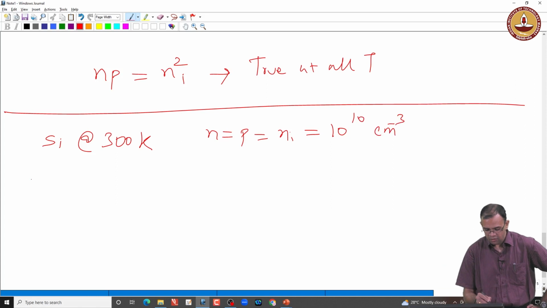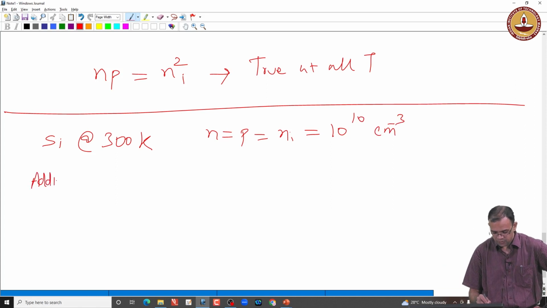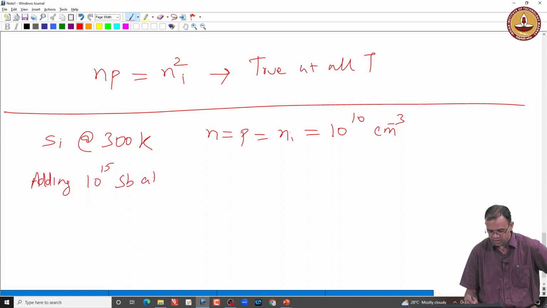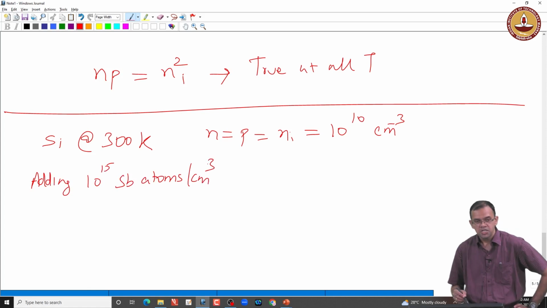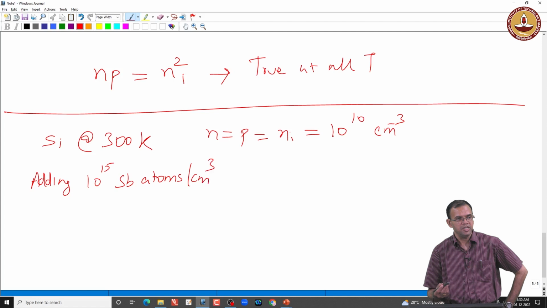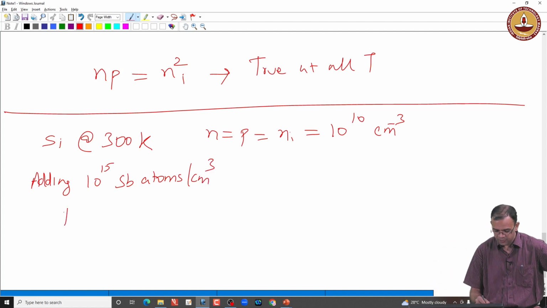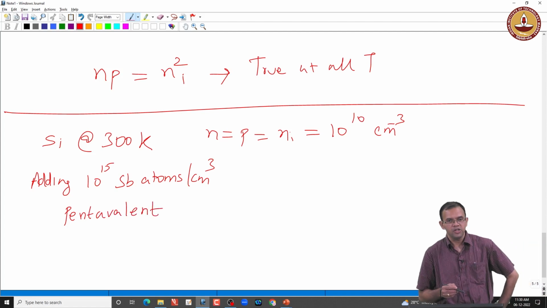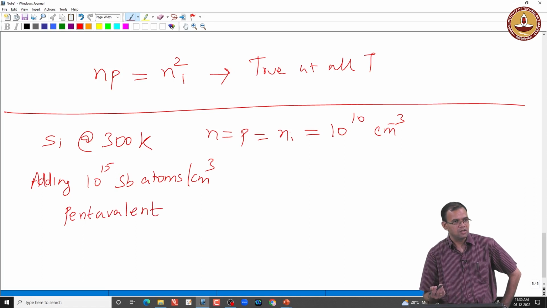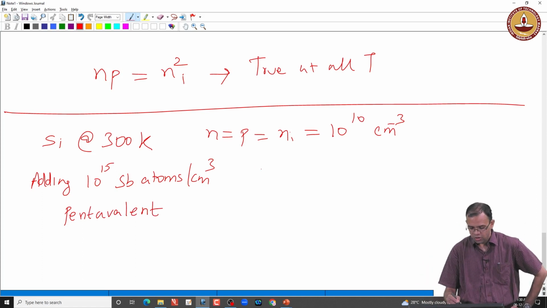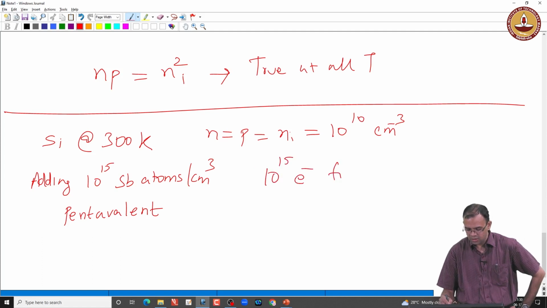Now I'm adding 10 power 15 antimony atoms per centimeter cube. You already told me that antimony is pentavalent, so it's 5 electrons. Each antimony atom is going to donate 1 electron, right? So you would basically have 10 power 15 electrons from antimony.